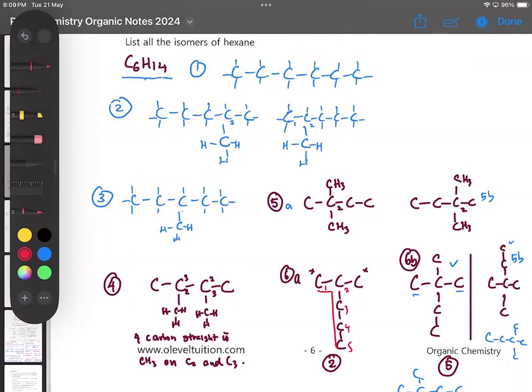So technically, 6A is 5 in a horizontal row and 1 carbon attached to the second one. It's actually number 2. Fancy, got it too? Because of the bending, this is what I call bending. You bend this carbon here, also no point. It is still 5 carbon.